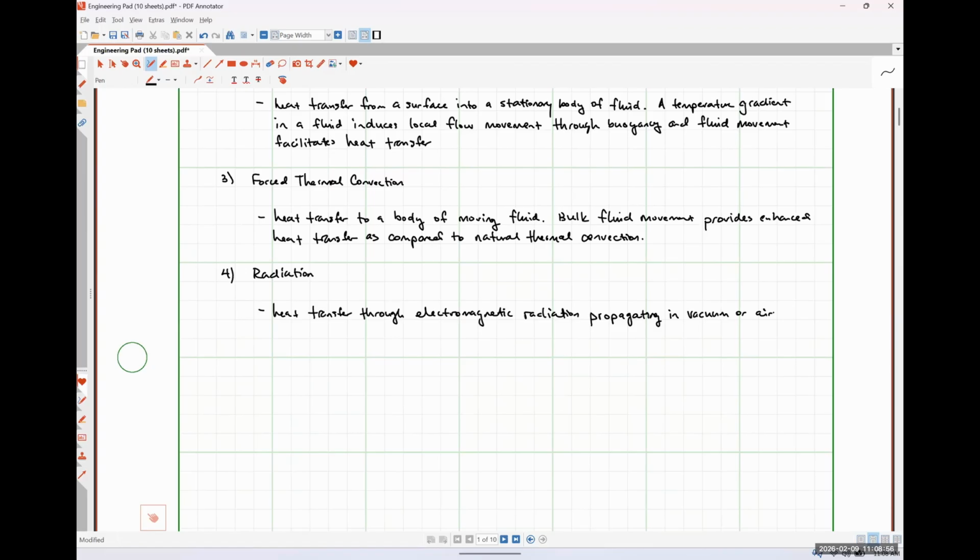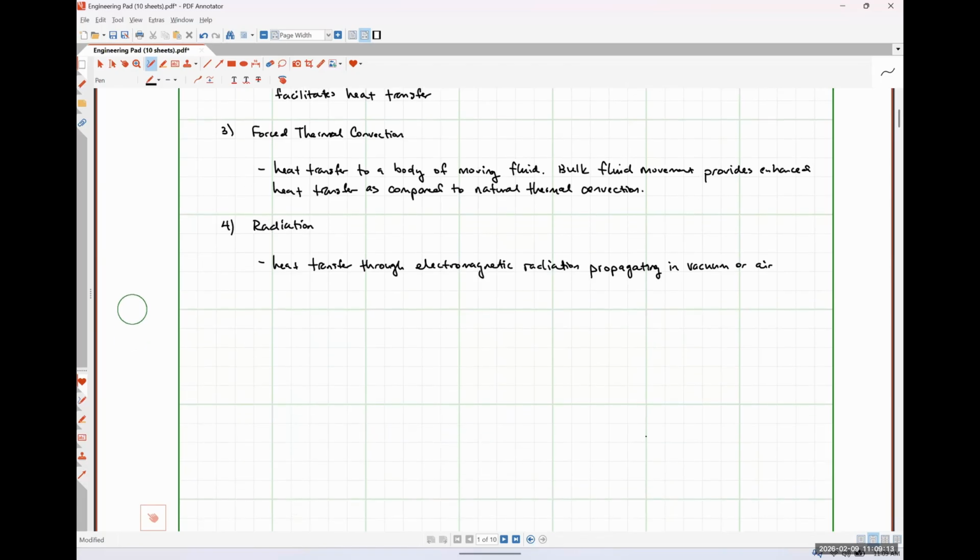So each of these different mechanisms have different mathematical relationships that describe the heat transfer process. Okay. So we'll go through the governing equations now.